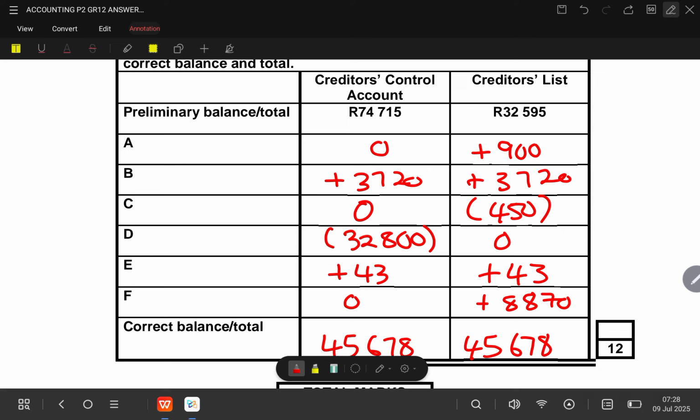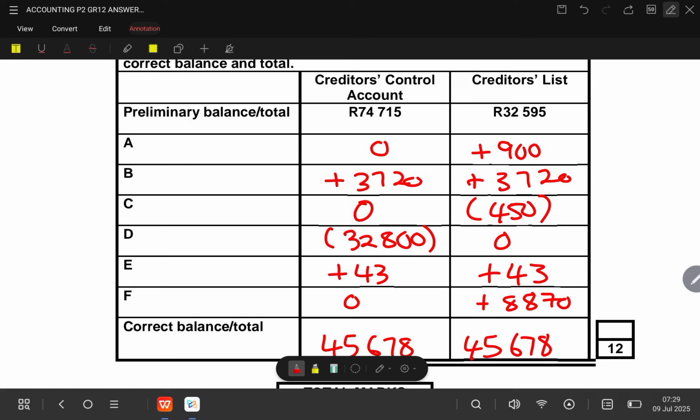So guys, what is important here is that you need to make sure that when you do the reconciliation, you identify where the errors and omissions were made and do the right thing. Okay, and then check, does this affect my list, or does it affect my control account, or does it affect both of them? So that's what you need to check. And then also have a view of how you are actually expected to record.